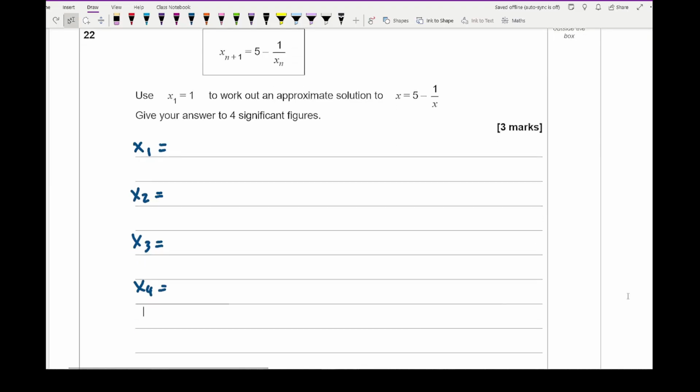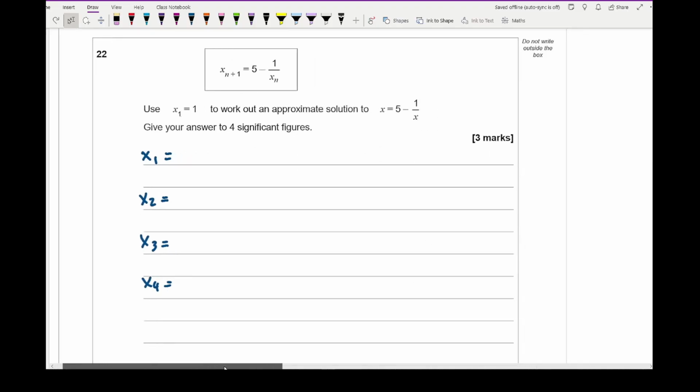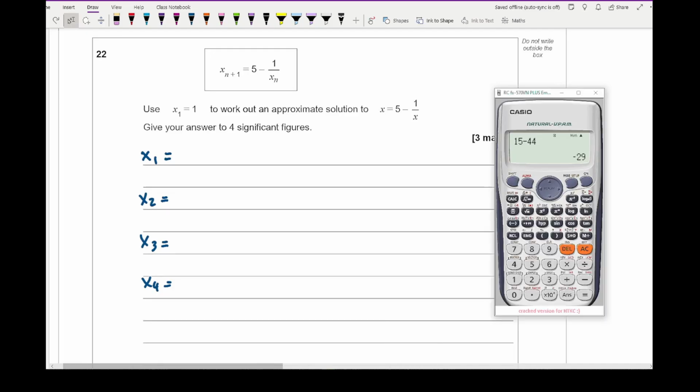So to do this particular question on the calculator, let me just zoom out so we can see it all, and let me just center it up. If I get the calculator back, which is here, enter the first number, which in this case is 1. Then I'm going to enter this formula but replace xn with ans.